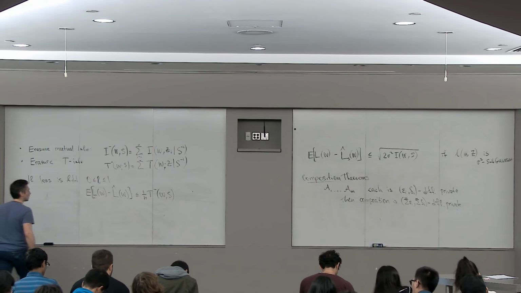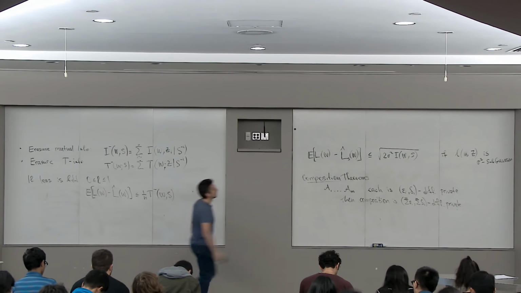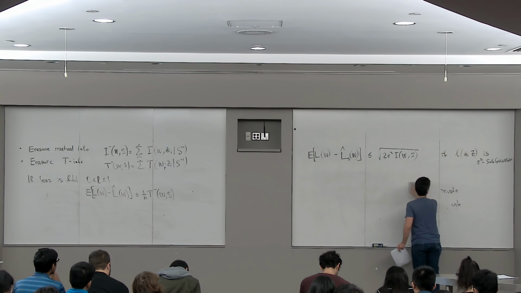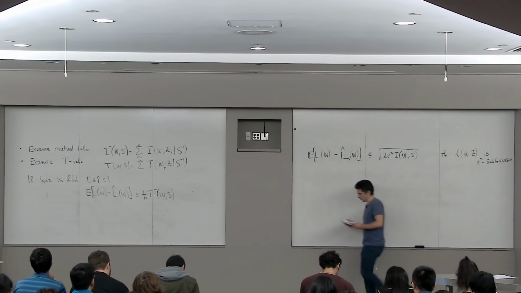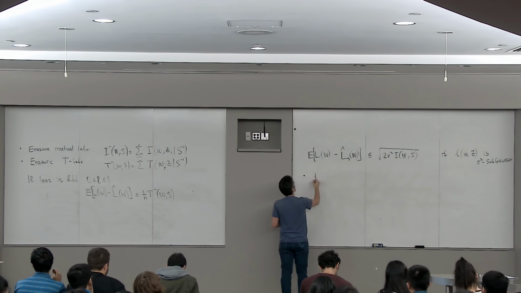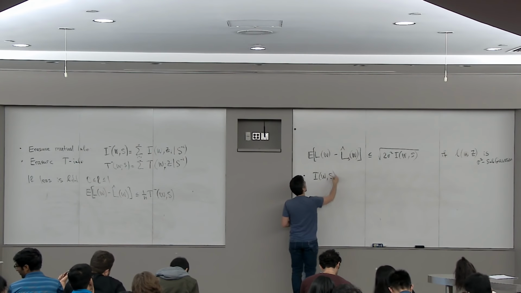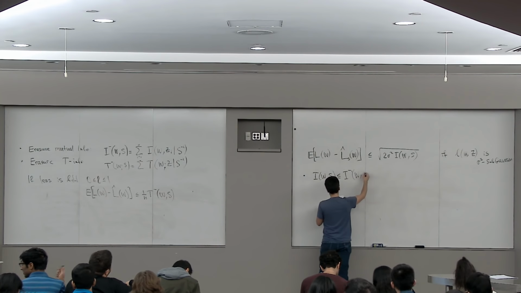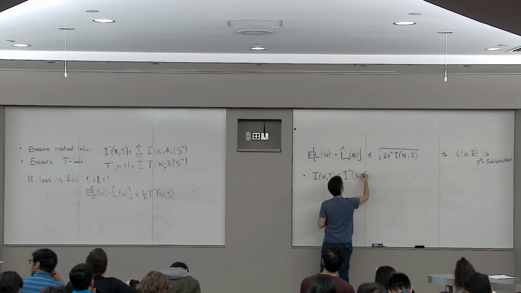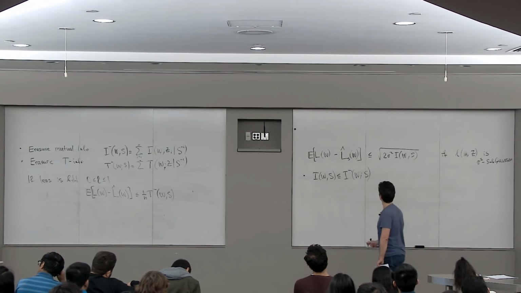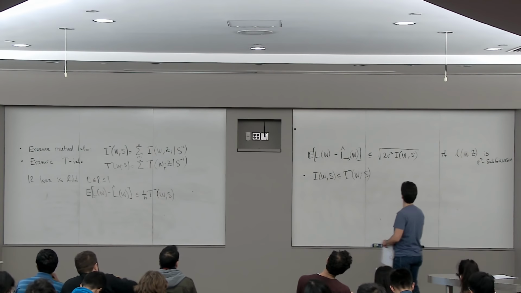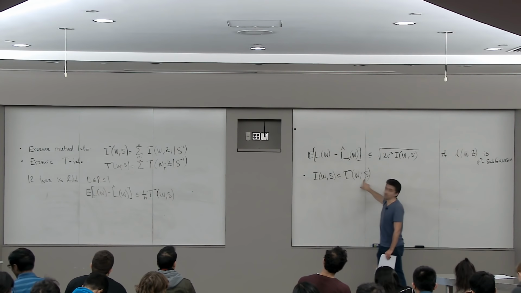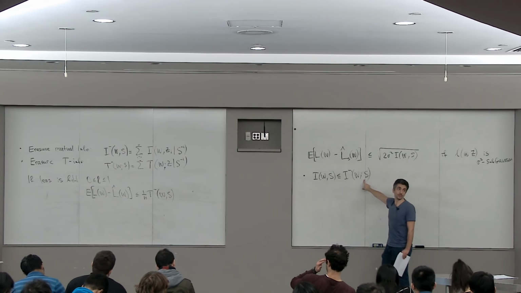Okay, so a few more results. First of all, I of W S is upper bounded by erasure I of W S. This is when the data set consists of independent random variables, right?